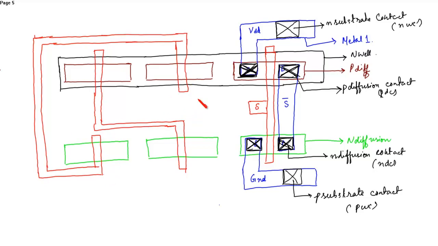Okay, now the gates are interconnected. So this gate is connected to S bar. The first gate is connected to S bar and the second gate is connected to S. Before connecting with the inverter, first we will complete the transmission gate.